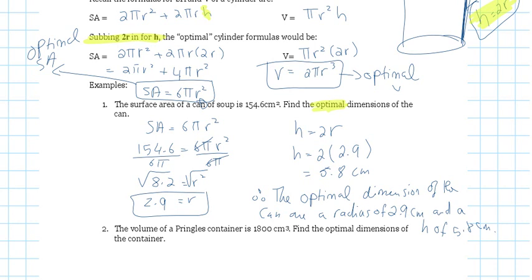So, always they're going to give you either a volume or a surface area. And it depends on which one they give you, then you start with the formula. So let's look at the last question.